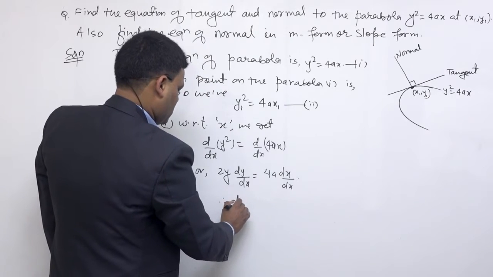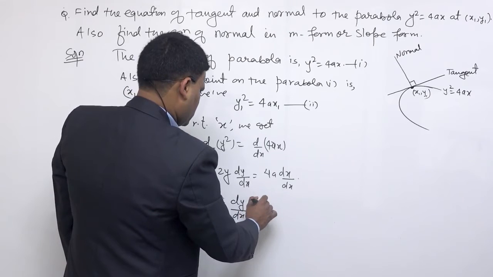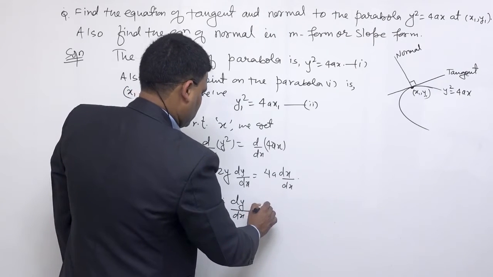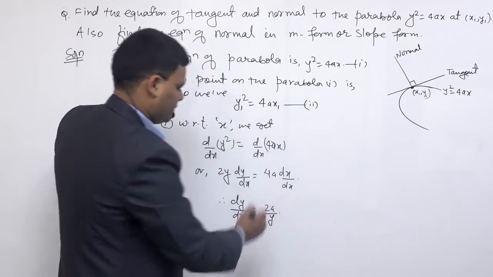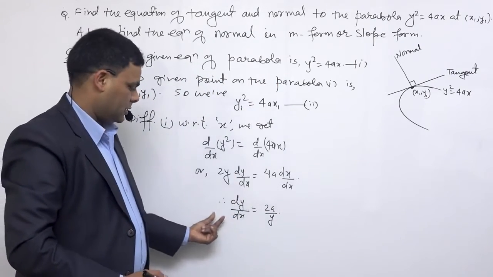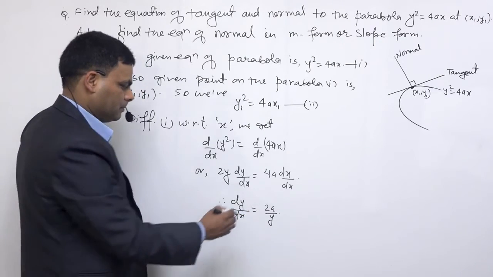Therefore dy by dx equals to 2a by y. The derivative of the function y square equals to 4ax is dy by dx equals to 2a by y1.